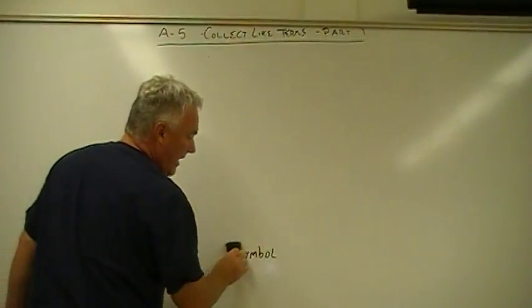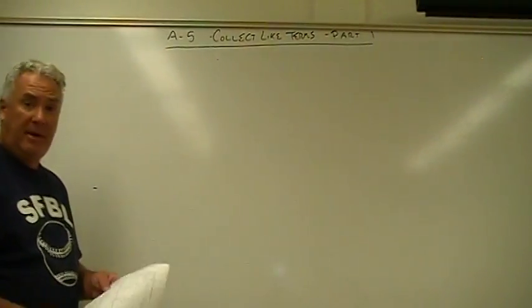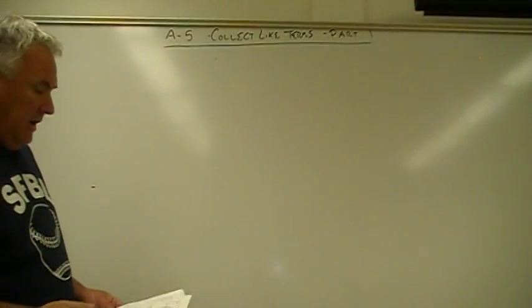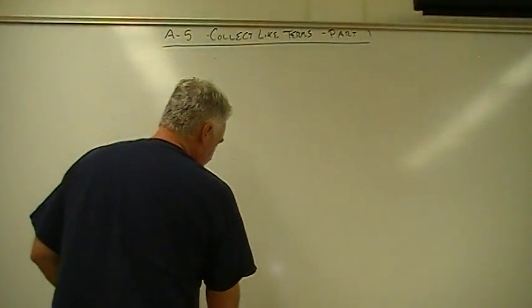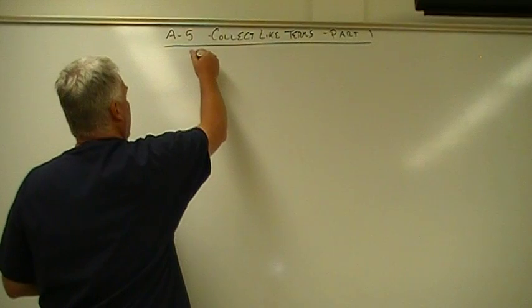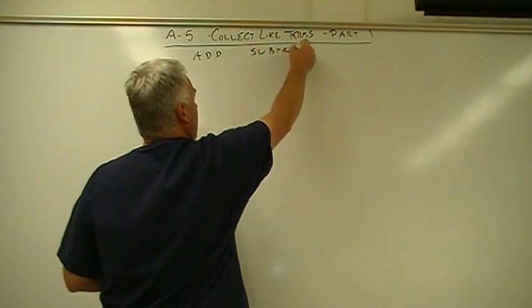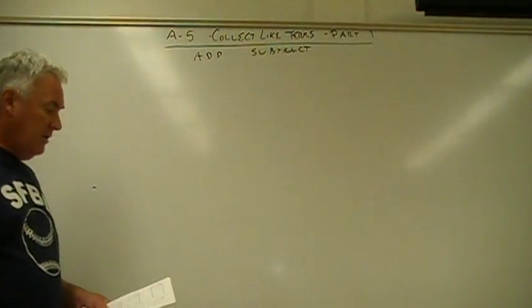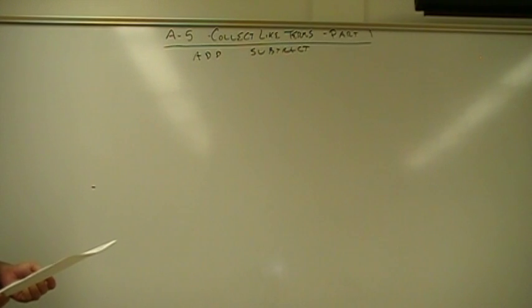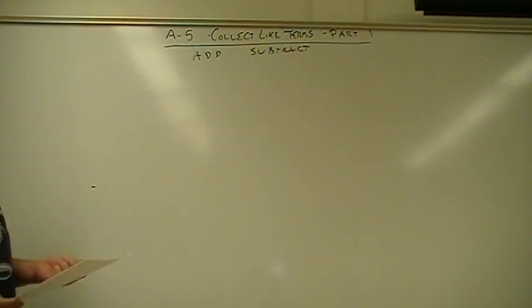Now let's go on to the back. Why don't you flip onto the back side of the paper. We have one more fill in the blank, because we're dealing with adding and subtracting. The fill in the blank at the top says to add or subtract, we must have like terms.